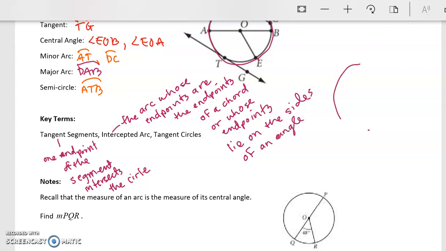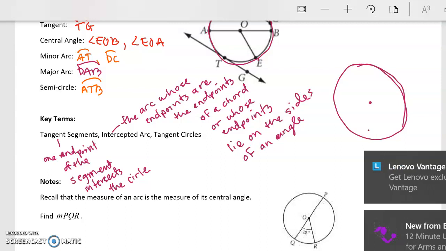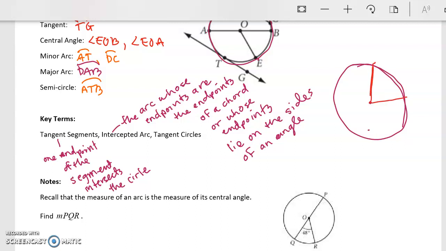Okay, so let's say we have circle O. My circle drawing is not super great today. So let's say we had this central angle. These points here are on the sides of the angle, they're on the ray. And this arc here has the endpoints of those points on the angle. So this is an intercepted arc.